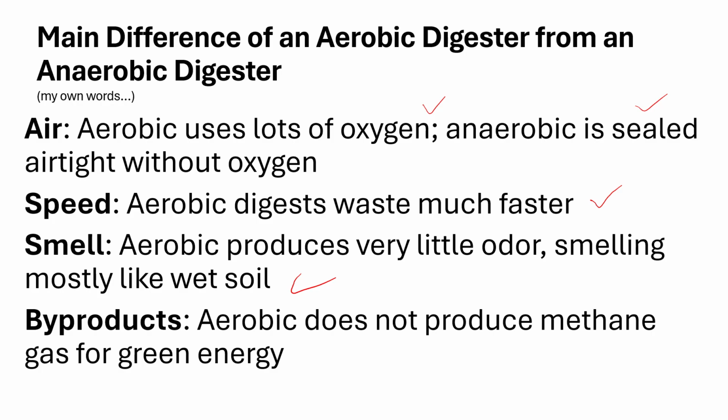So operators, when they get an upset in an aerobic digester, oh my Lord, you wouldn't be amazed at how quick they move because they know they're about to hear it from all sorts of people. Okay, byproducts. The aerobic digester does not produce methane gas for green energy. The only gas that's produced by an aerobic digester is carbon dioxide.